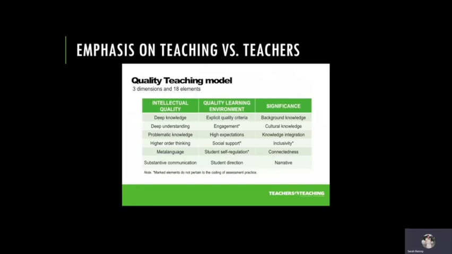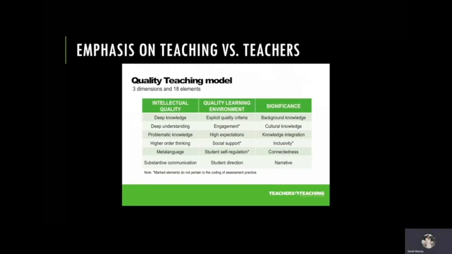For a quality learning environment, you have things such as explicit quality criteria, engagement, high expectations, social support, student self-regulation, and student direction. And then finally, we have significance, so things like background knowledge, cultural knowledge, knowledge integration, inclusivity, connectedness, and narrative.